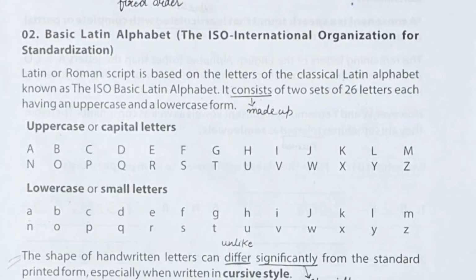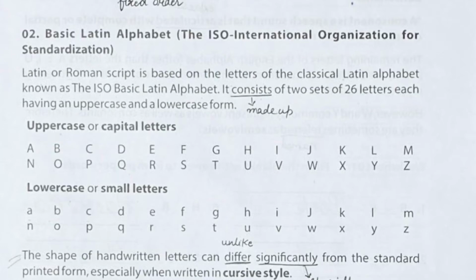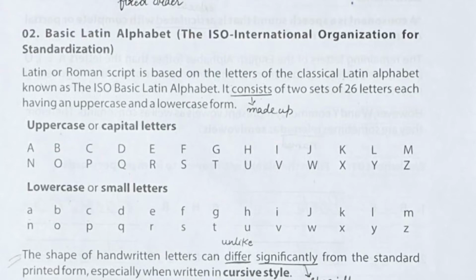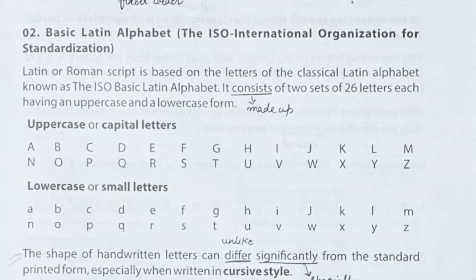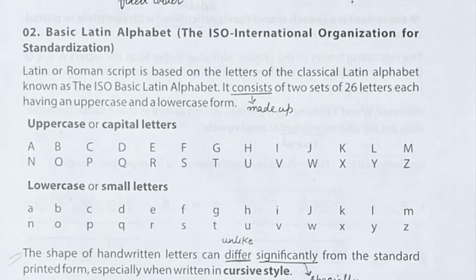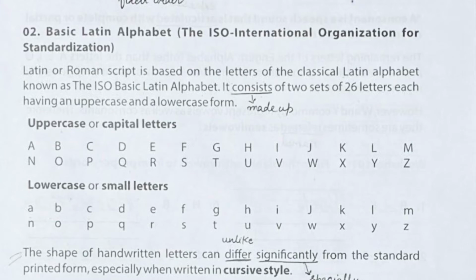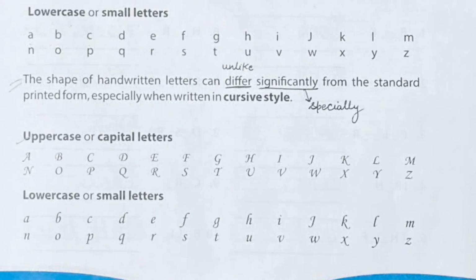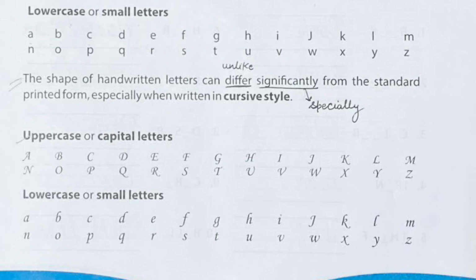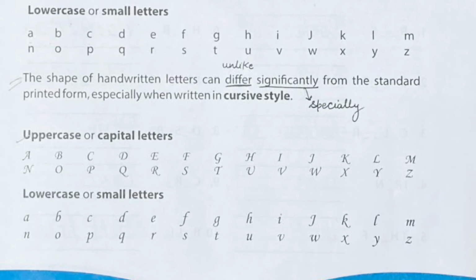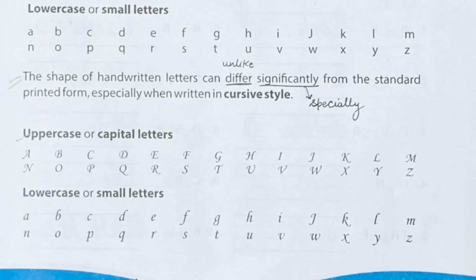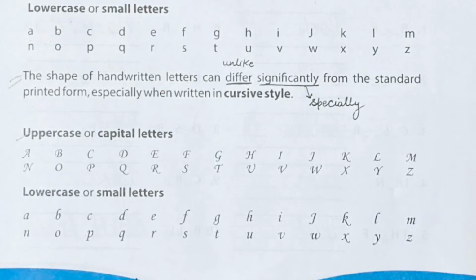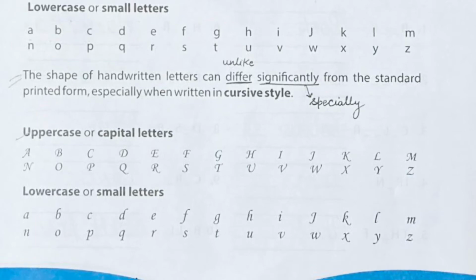And the next point they have made clear to us is the shape of handwritten letters. When we write these letters by hand, the shape of handwritten letters can differ. They vary, or they are not similar significantly from the standard printed form.